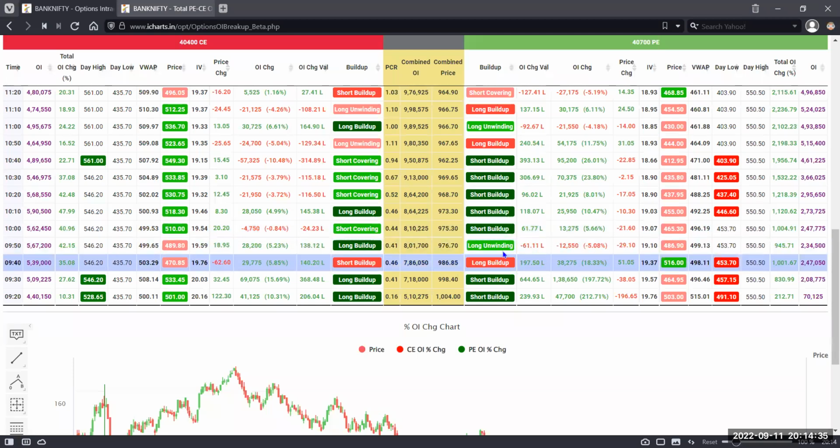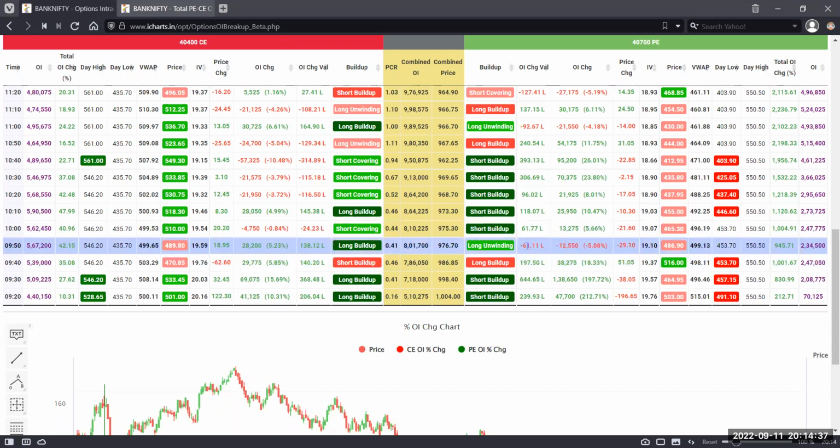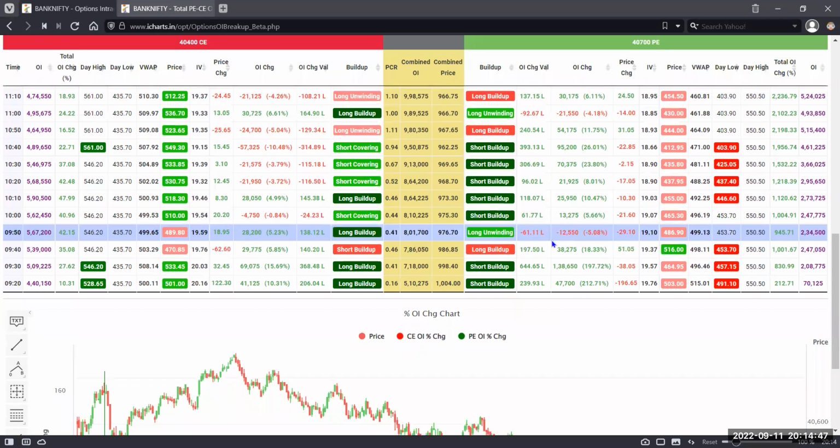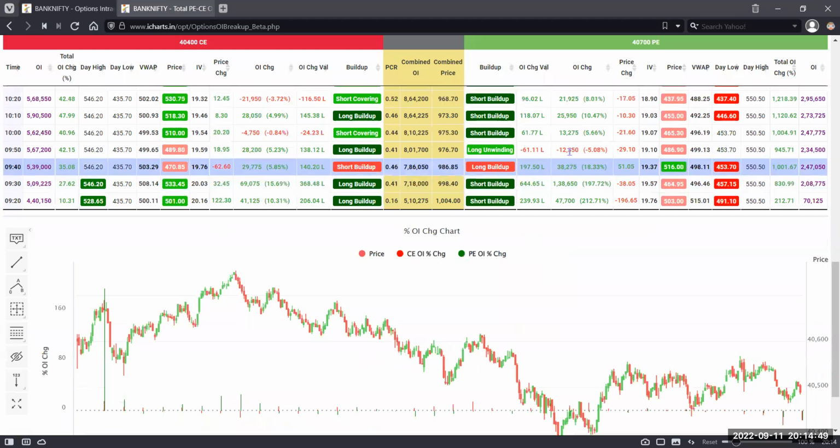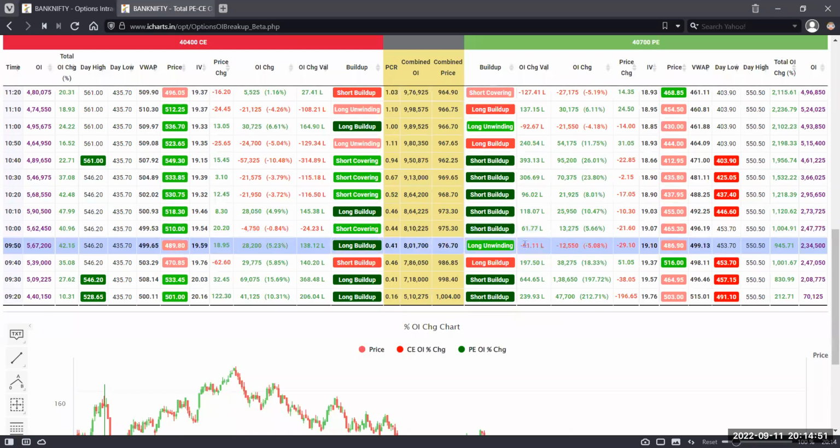This is not an indication to just quickly jump into a bearish trade, because we are seeing put unwinding over here. This does indicate that puts are unwinding, which is a little bit bearish, but it is just an indication that there could be some downside coming.